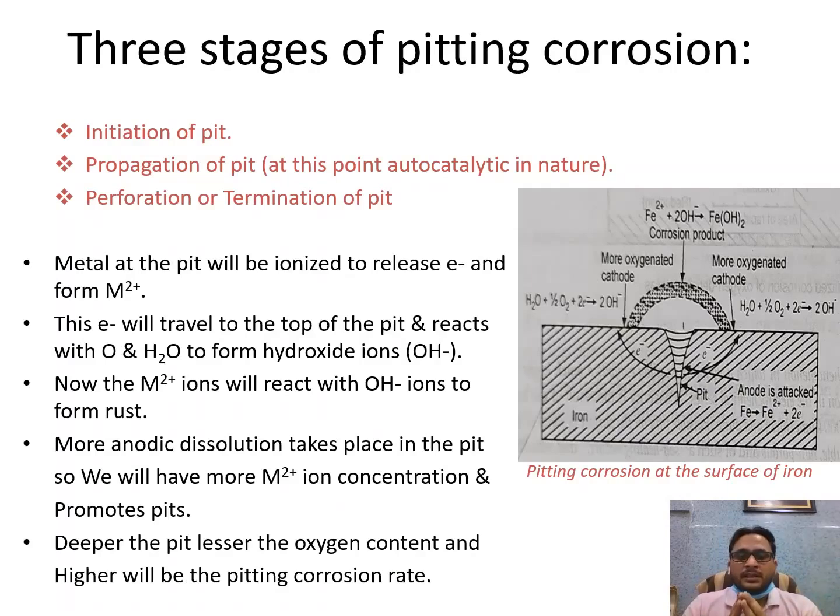So there are three stages in pitting corrosion. The first stage is the initiation, or you can say formation of a pit. Once a small pit or small cavity is formed, over a period of time it keeps on developing, it keeps on evolving.